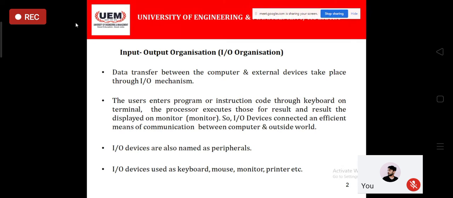So what is IO? Your mouse, keyboard and all these things are basically IO, input output devices. Okay, so how it works and what fundamental mechanisms are used are given here. Please just go through points 1, 2, 3.